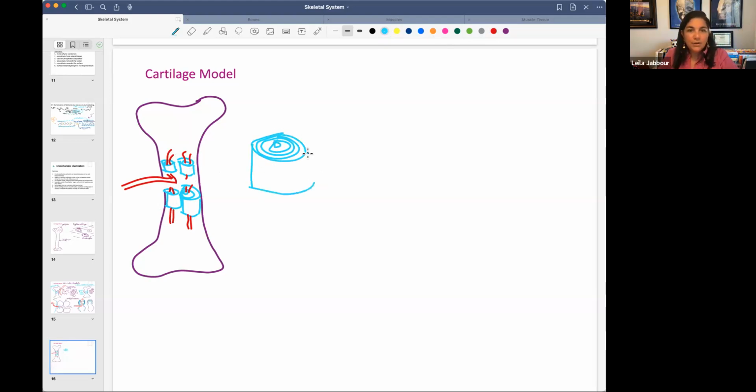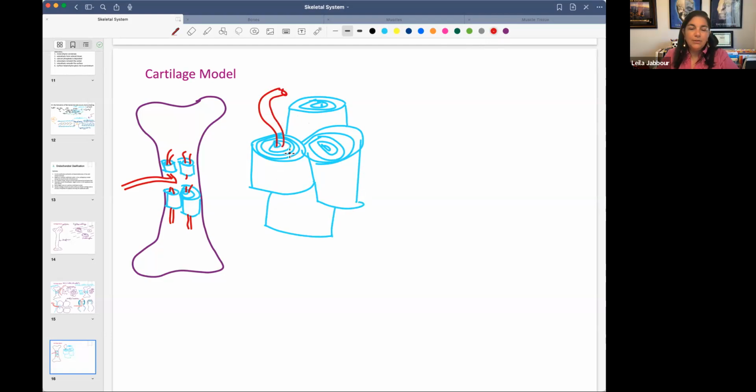We have one osteon next to another osteon, and another osteon next to it, behind it. Anyway, I think you see the picture now. And these are the blood vessels that are running through every one of these osteons.